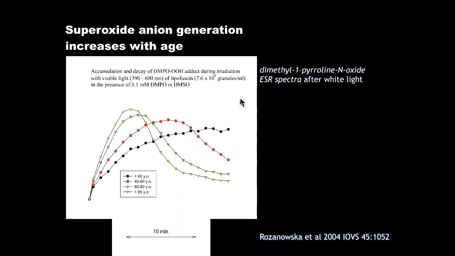And it came out that the older the eye donors were, the higher was the ability to generate radicals. This is a very interesting finding, because it shows clearly that lipofuscin from young people is different in chemical composition from lipofuscin from old people.